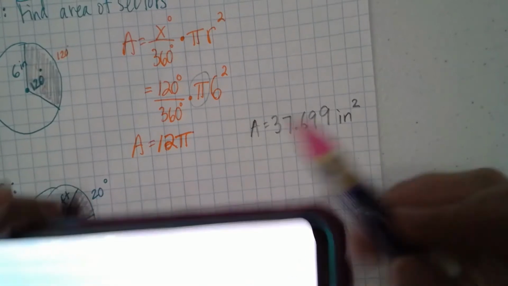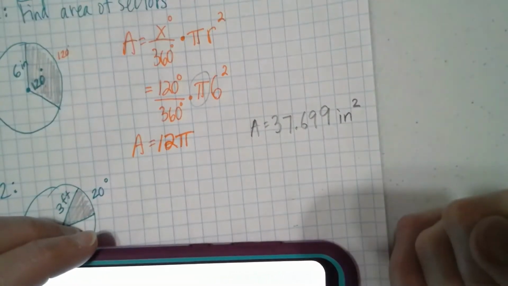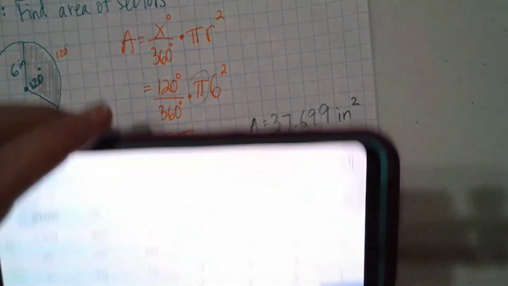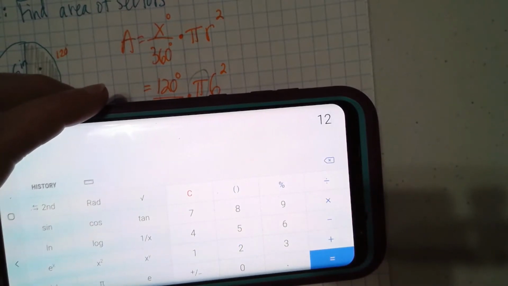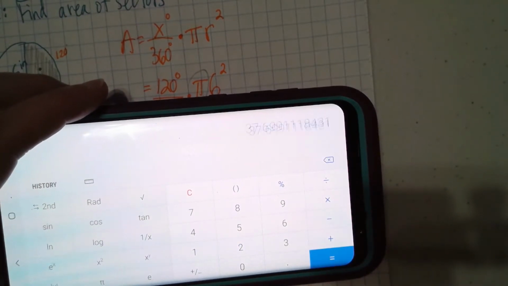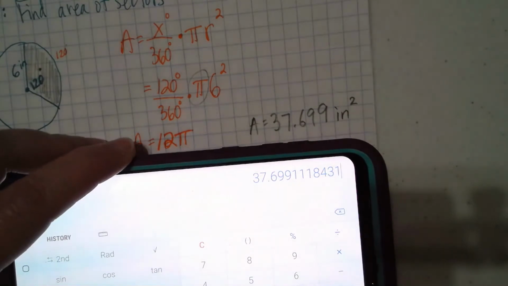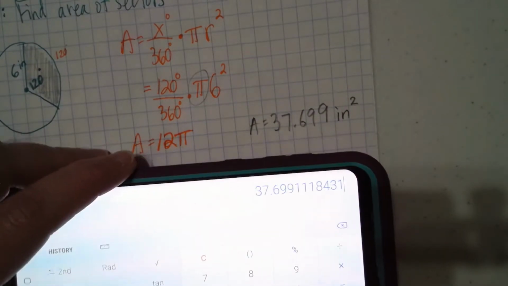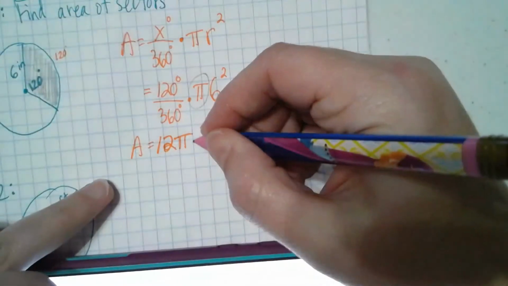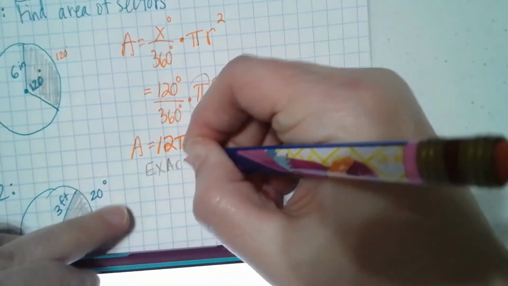Okay, that does not look like 12 pi, does it? But watch what happens here. 12 pi, enter. Hello, same number. Okay, this answer is what we call the exact answer.